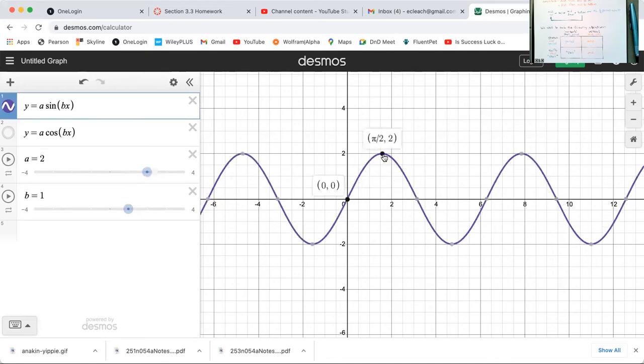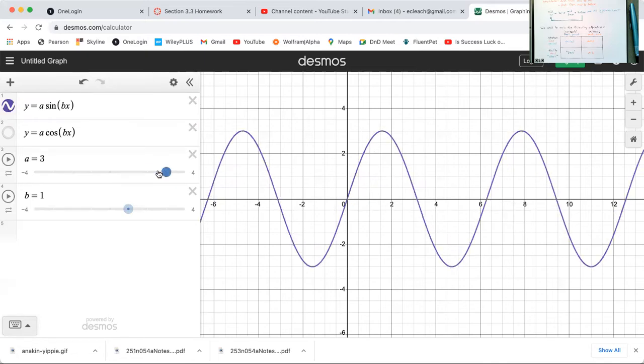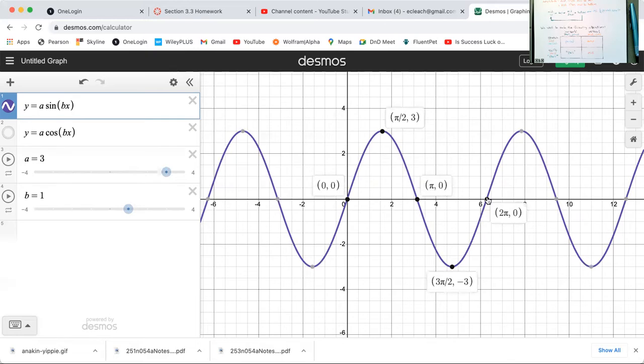My horizontal values did not change, the middle did not change, but the amplitude has changed to 2. The distance from the middle to the top is now 2. Top's at 2, bottom's at -2. When I change the value of A to 3, the top's at 3, the bottom's at -3, the middle is where it was, and the period is still 2 pi.